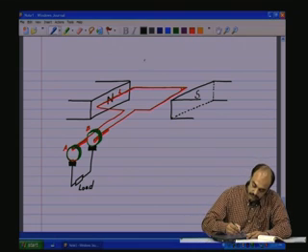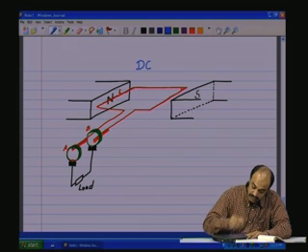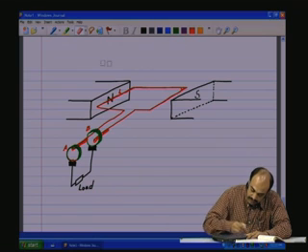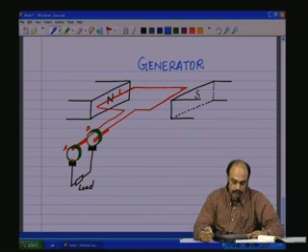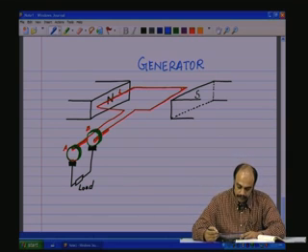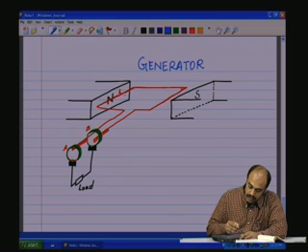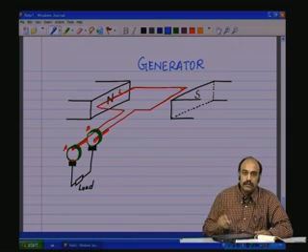We have a very simple generator, not a DC generator, which generates an AC signal. Okay, let us look at the operation of this one. Let us say that this coil is moving, rotating.